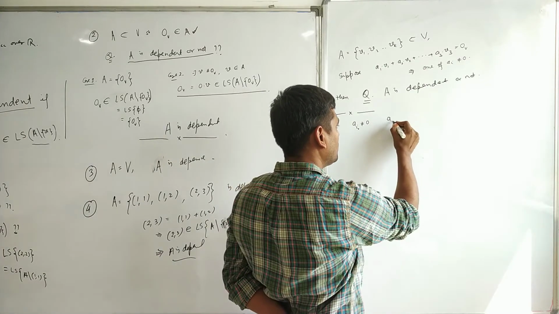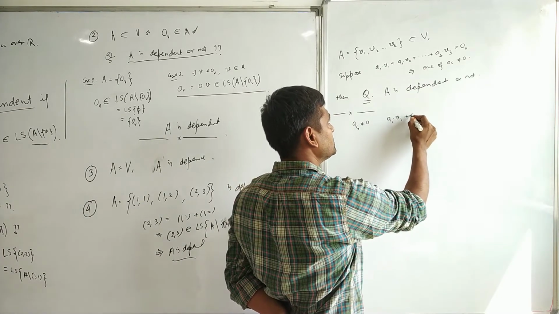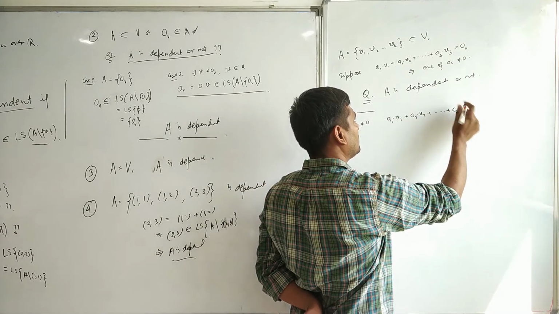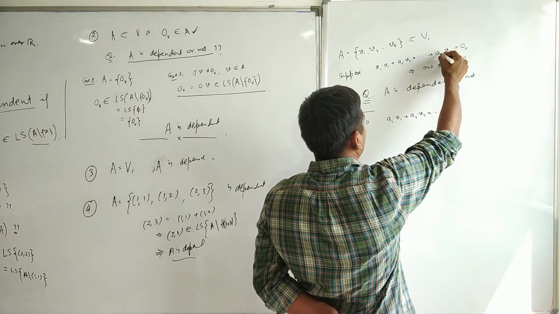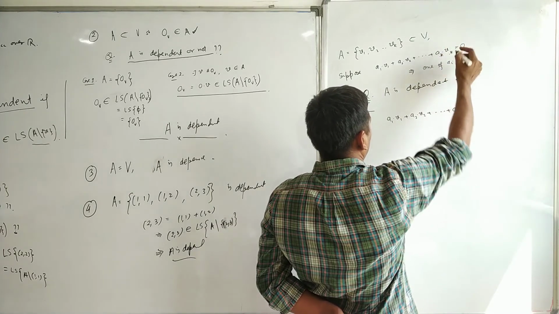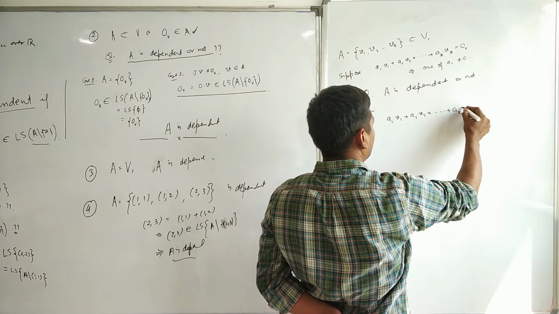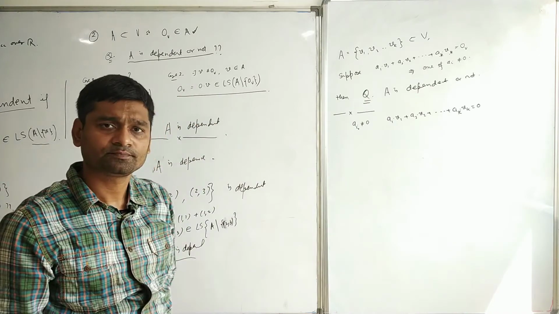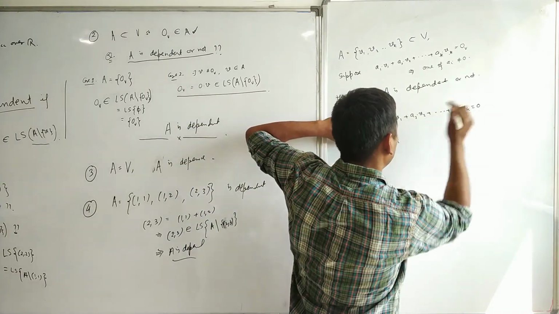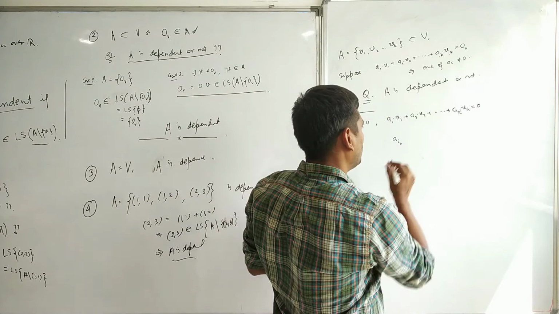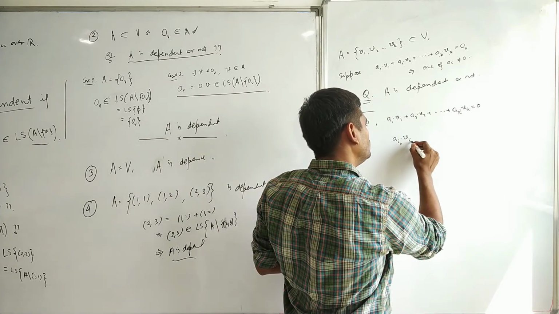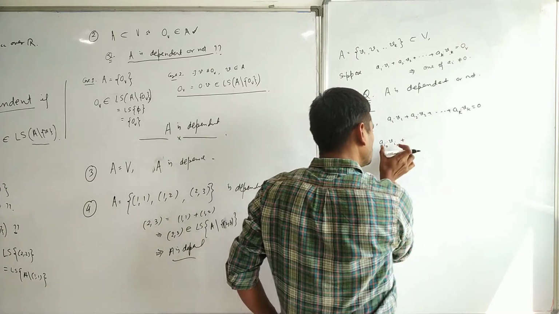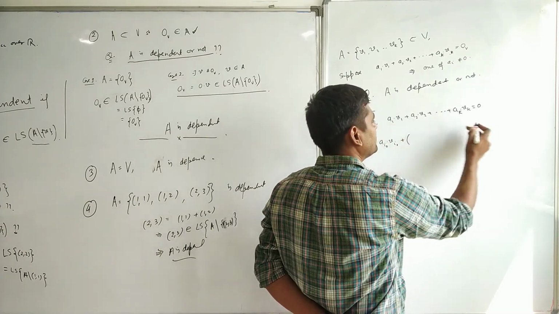So what equation are you having? a1 v1 plus a2 v2 plus dash, here I should not write a3 v3, here one should write ak vk, equal to 0. i naught is one of this a1, a2, ak. So you just select one ai naught, vi naught, you just take it here. And then from here, i naught is one of these, no? So I have taken one of these, plus the others you take separately.